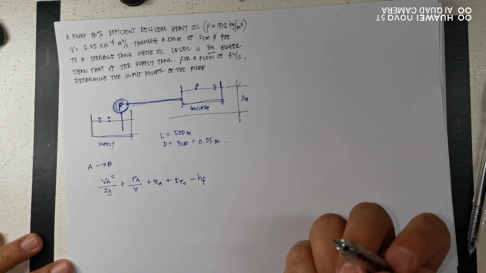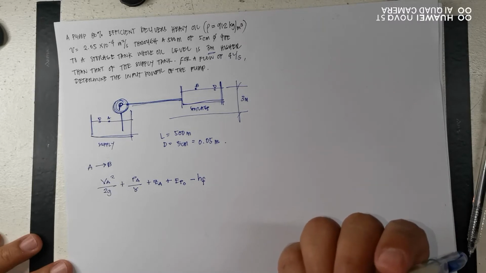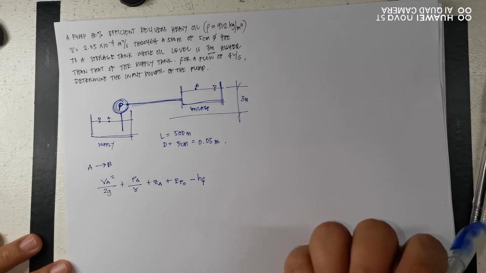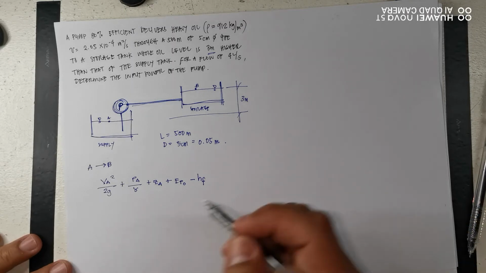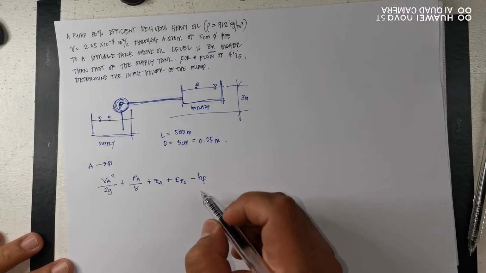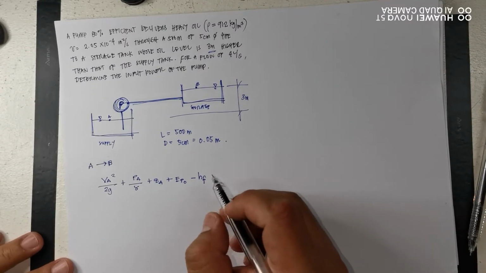Okay. In this particular example, neglect muna natin yung mga minor losses, no? Para simplihan lang muna natin. Since madali lang naman, maliit lang naman yung effect ng minor loss dito.